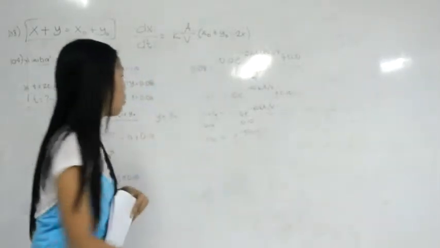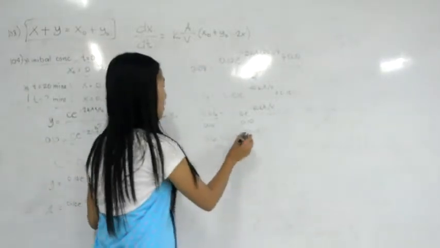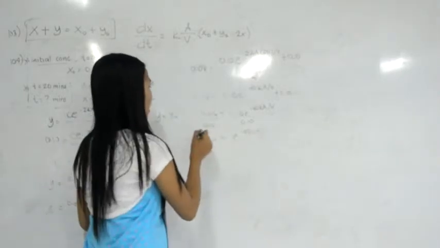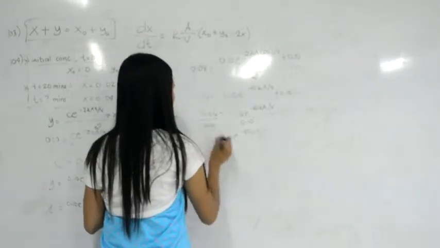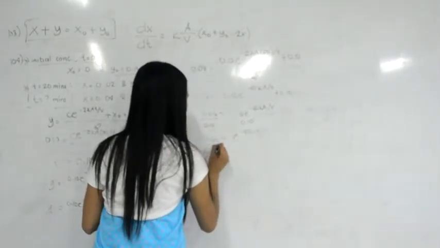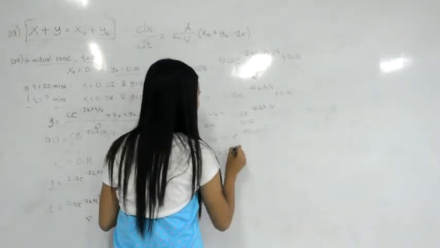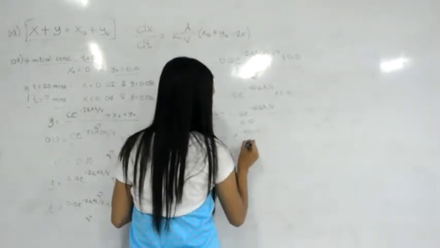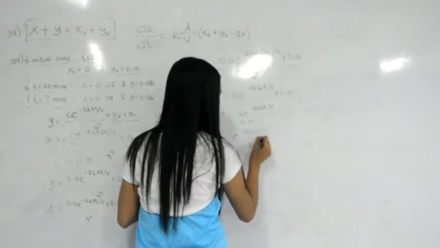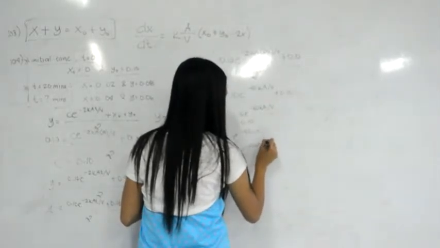Now, in order to remove the e, we're going to take ln of both sides. So we have ln of 0.6 equal to ln of e to the negative 40 k a over v.